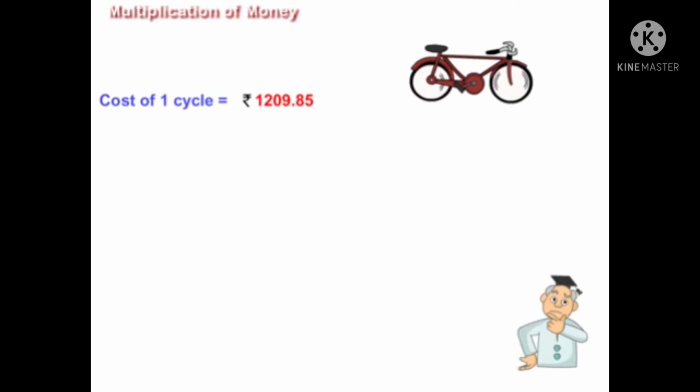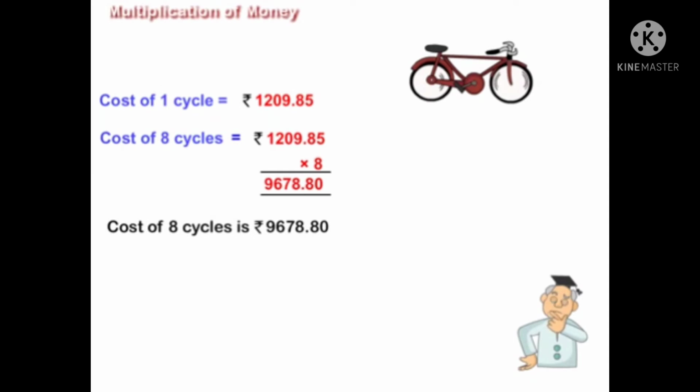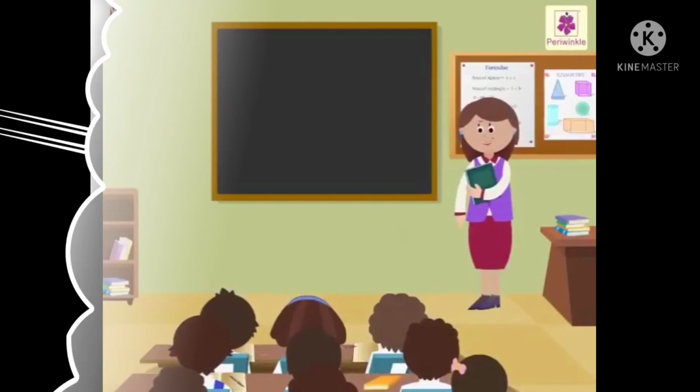So to find the cost of 8 cycles, we will multiply 1209.85 by 8. We get 9678.80. So the cost of 8 cycles is rupees 9678.8.